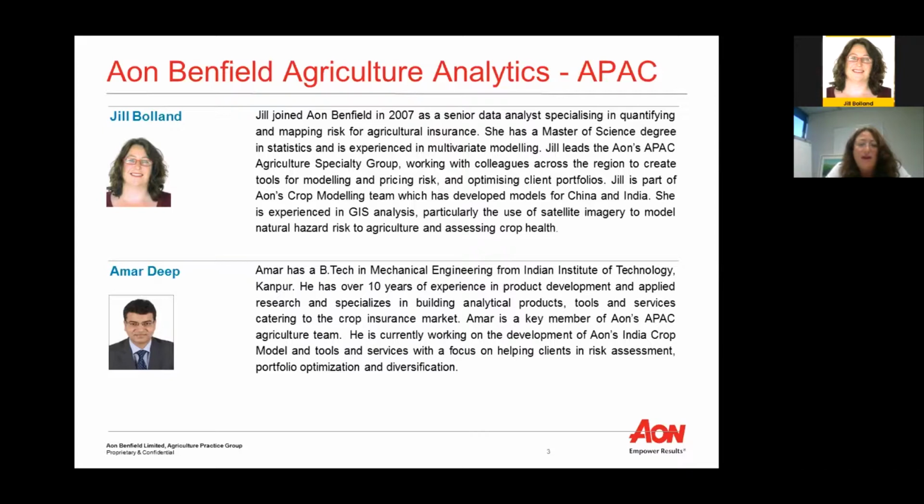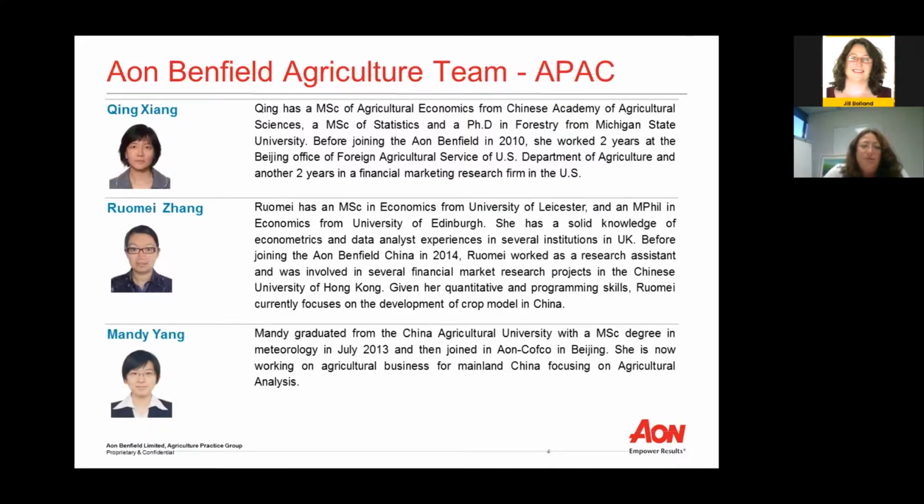We also have Amar Deep, who is from Bangalore, and he is currently building our crop model for India. I have a background in statistics. Amar is mechanical engineering, but he's a very good programmer, which is a skill you need, I think, particularly for modelling nowadays. There's so much data to handle, you do have to be a programmer to be able to do it properly.